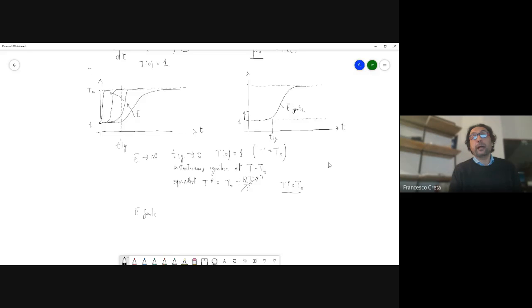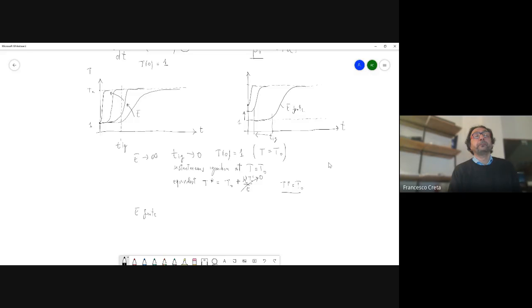But what you do have for sure is a decrease in the ignition time. So the reaction takes place faster and faster until, for example, at this point here, you have instantaneous ignition.